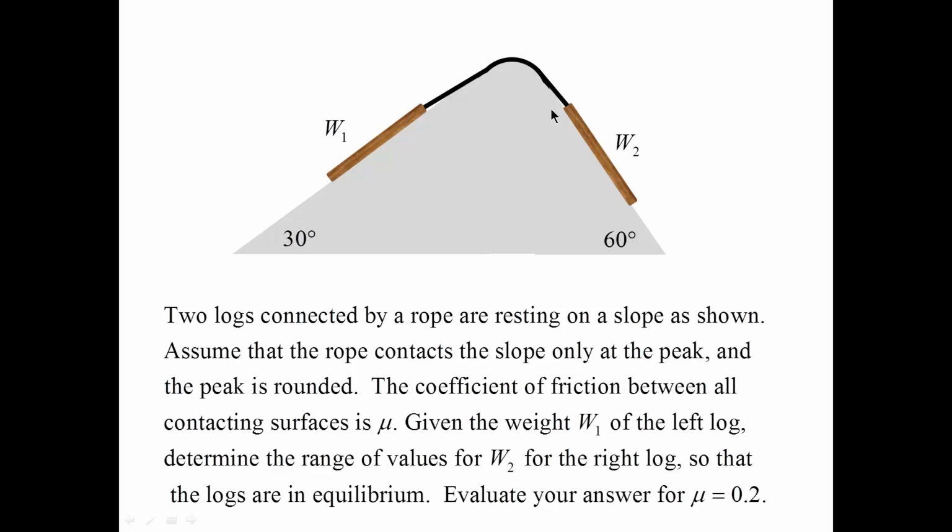Given the coefficient of friction mu, we need to find the range of weights W1 and W2 so that the logs are in equilibrium. We also would like to evaluate this answer numerically for mu equal to 0.2.